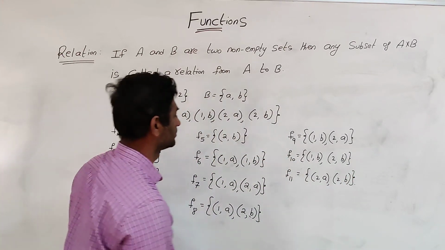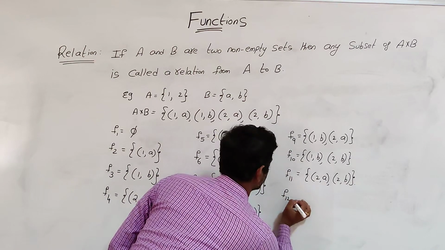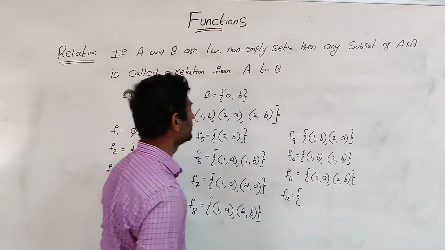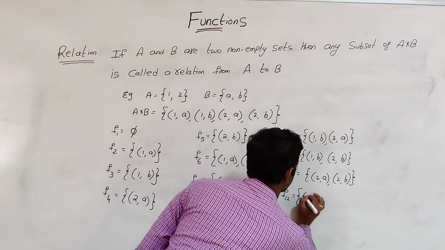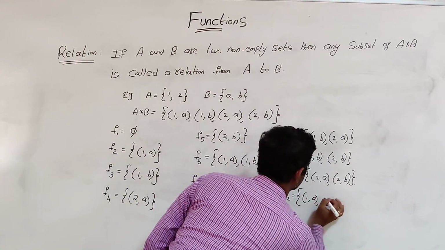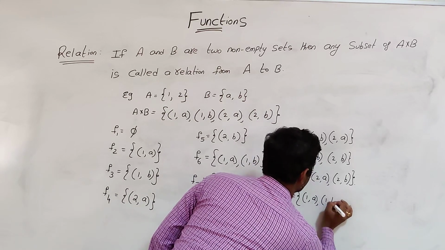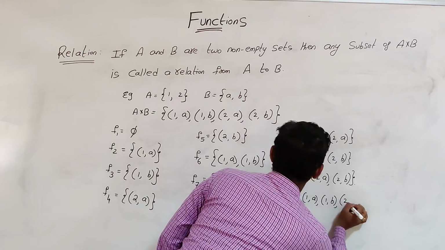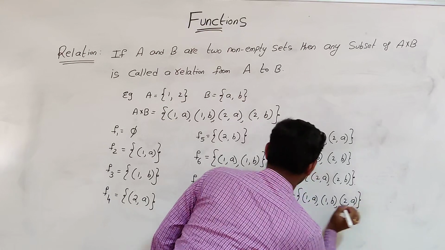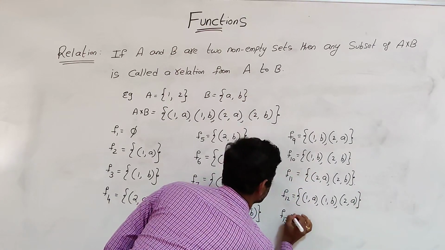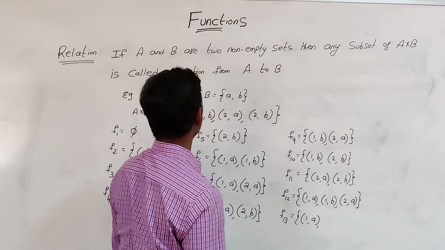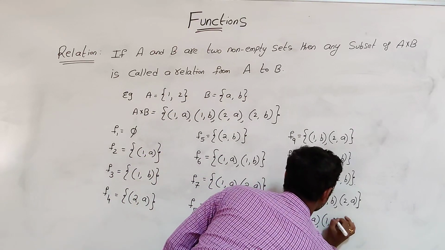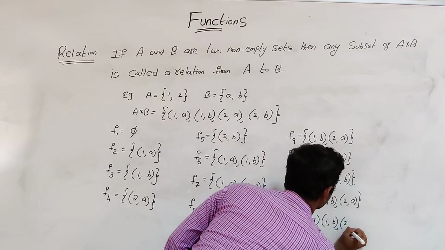Next, F12, a set with three elements: (1, a), (1, b), (2, a). F13: (1, a), (1, b), (2, b).